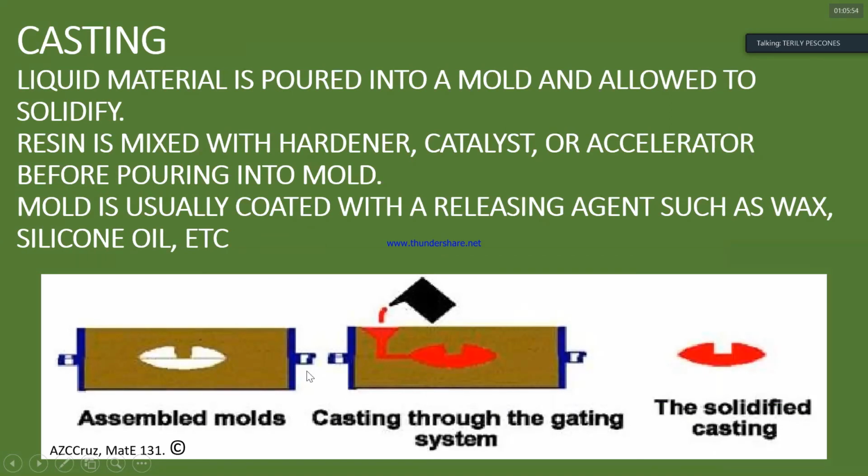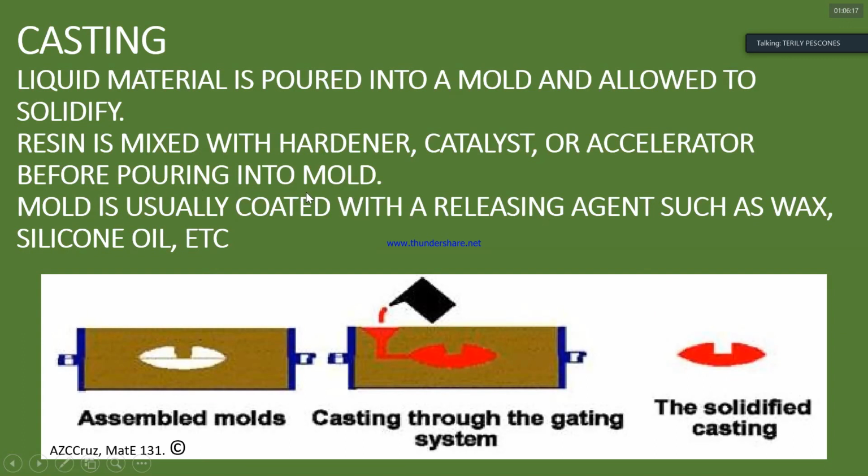So, casting naman, again, meron ka na yung pang-molde, tinatawag natin na pang-molde rin. So, naka-ready na siya, and then you just pour in the liquefied raw material, or liquefied resin. So, resin is mixed with hardener, catalyst, or accelerator before pouring into mold.